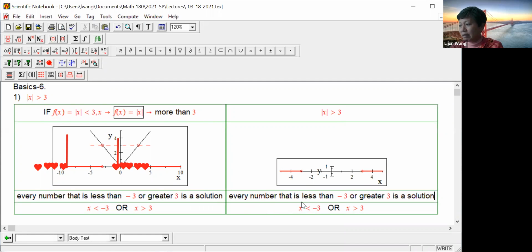Every number that is less than 3, less than -3 or greater than 3 is a solution.